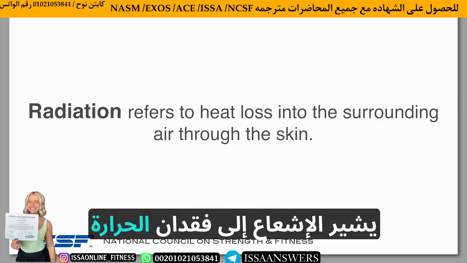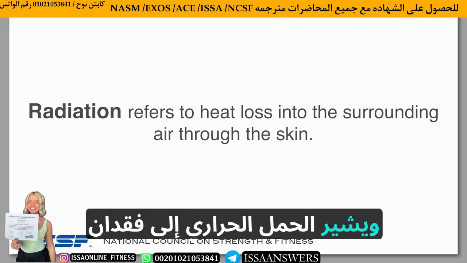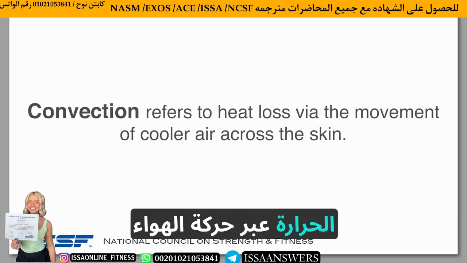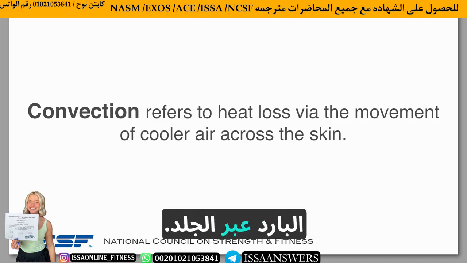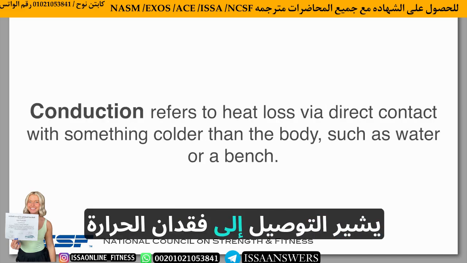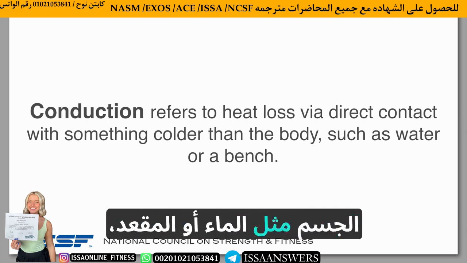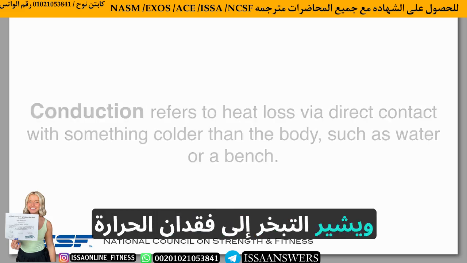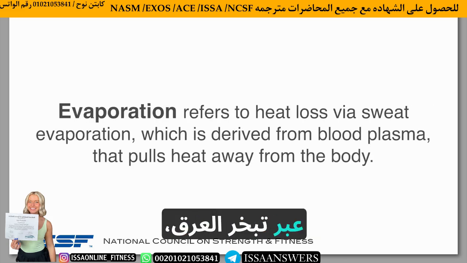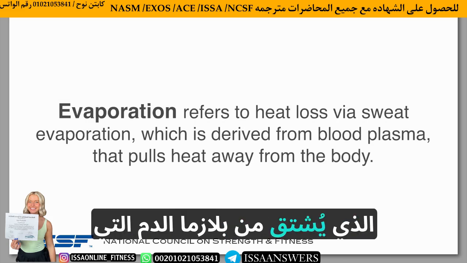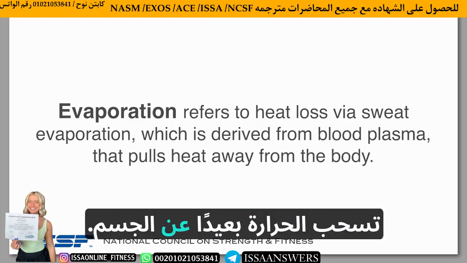Radiation refers to heat loss into the surrounding air through the skin. Convection refers to heat loss via the movement of cooler air across the skin. Conduction refers to heat loss via direct contact with something colder than the body, such as water or a bench. And evaporation refers to heat loss via sweat evaporation, which is derived from blood plasma that pulls heat away from the body.